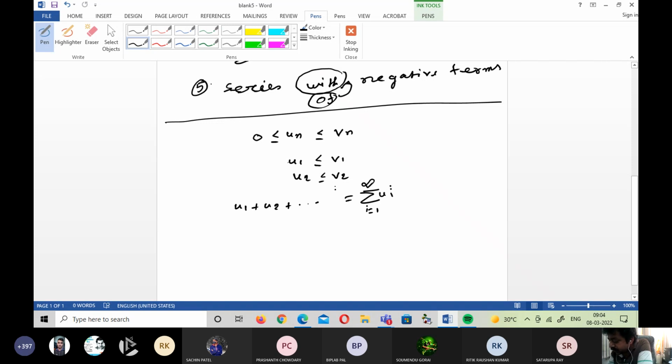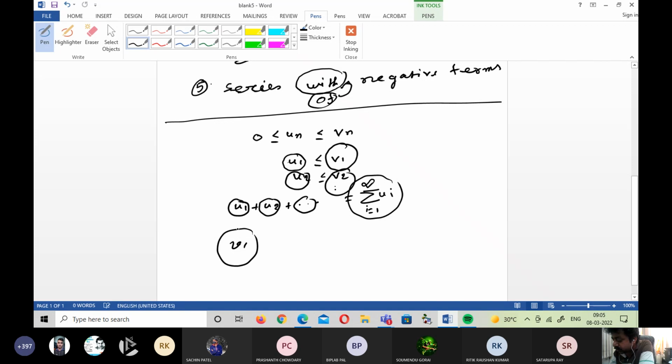In the case of v, u1 is smaller than v1, u2 is smaller than v2. So these are smaller values corresponding to each and every term. v1 is larger than u1, v2 is larger than u2, v3 is larger than u3, which is represented as capital sigma vi, i equals 1 to infinity.